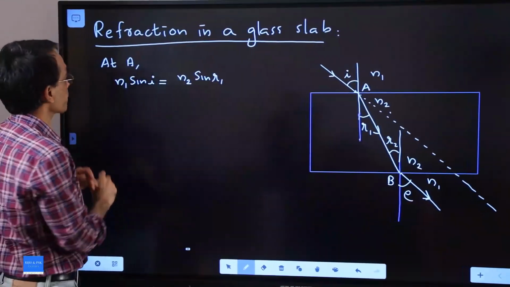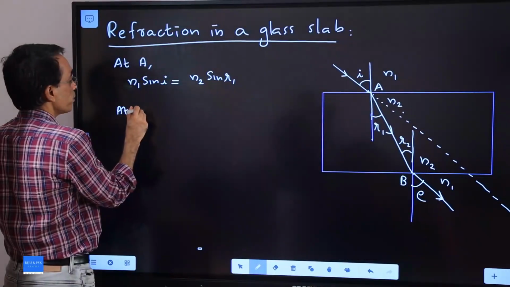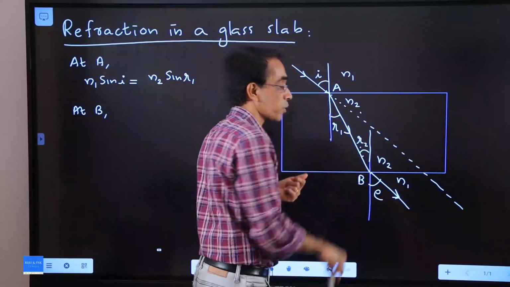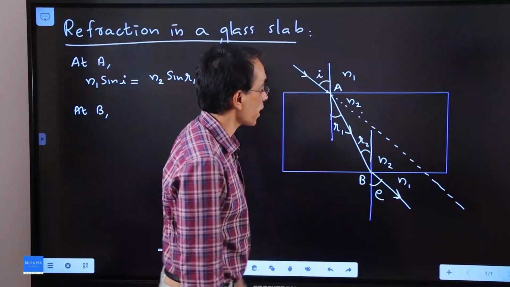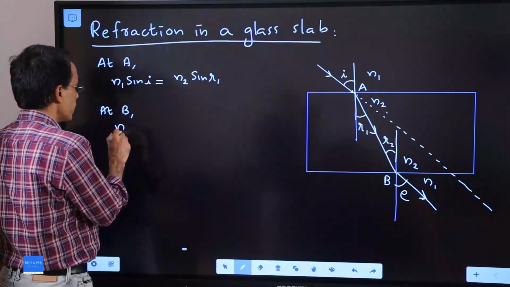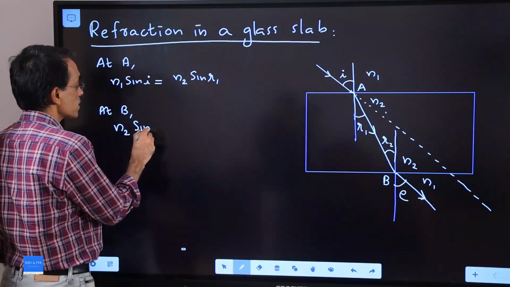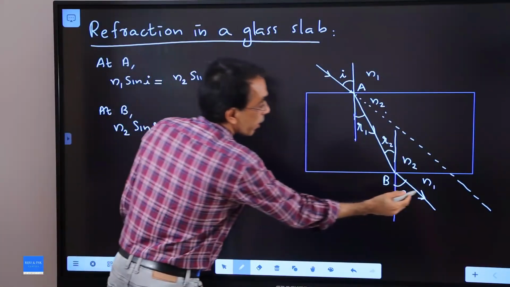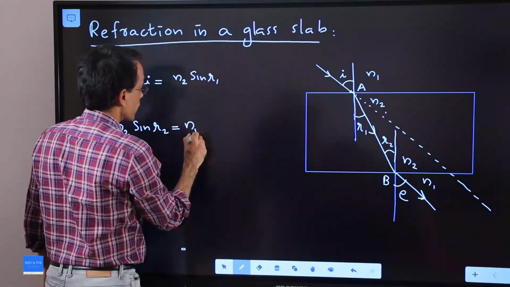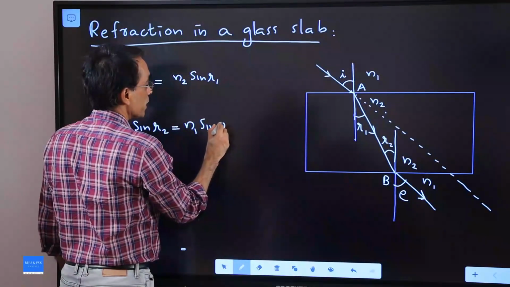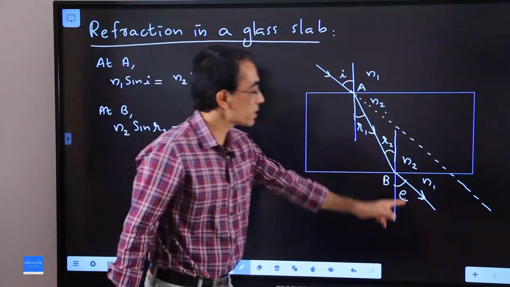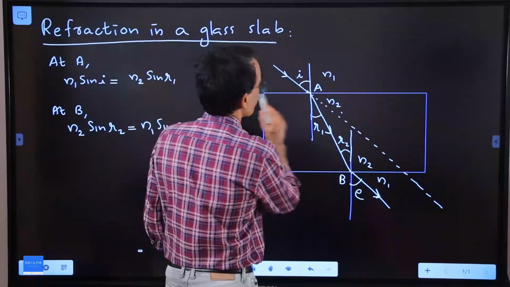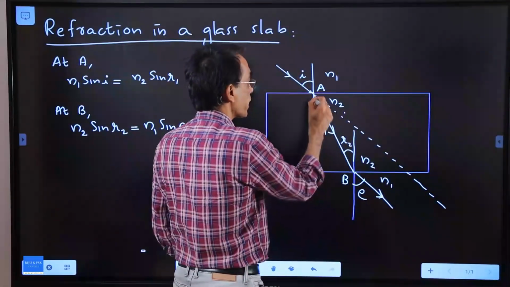That is at point A. At point B, the incident angle is R2. So I will write N2 sin R2 equals, what is outside? Outside again I have air, that is N1 sin E.